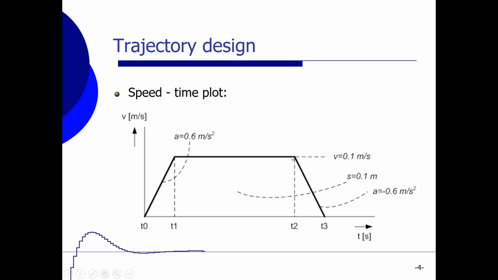And between T2 and T3, we see the deceleration in which the speed goes back to 0 again. So my maximum speed is 0.1 meter per second. My acceleration over here is 0.6 meter per second squared. And the total distance is the area underneath this speed time plot, which is equal to 0.1 meter.